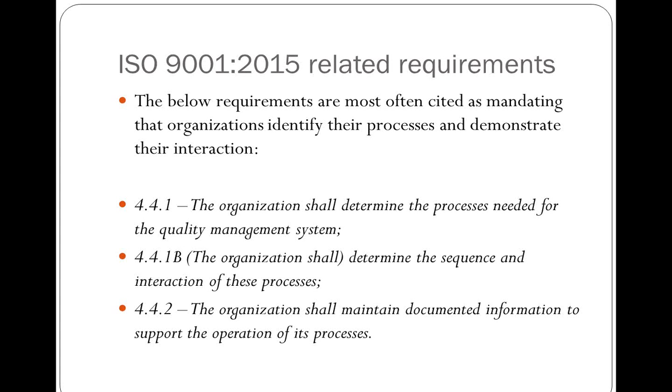First, in 4.4.1, in the leading paragraph, it says that the organization shall determine the processes needed for the quality management system. It goes on to say you shall determine the sequence and interaction of these processes. And then in 4.4.2, it states that the organization shall maintain documented information. Now that's the new way of saying you need to document it.